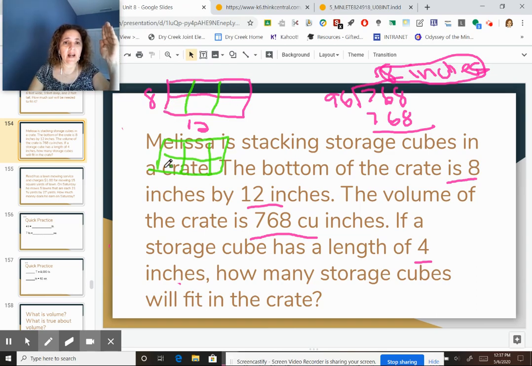So if I stack another one on top, 4 and 4 makes 8. So then I have 1, 2, 3, 4, 5, 6, and then my second layer, 7, 8, 9, 10, 11, 12. I would need 12 cubes. I would need 12 storage cubes, that's my answer. I would need 12 storage cubes that would fit in the crate.